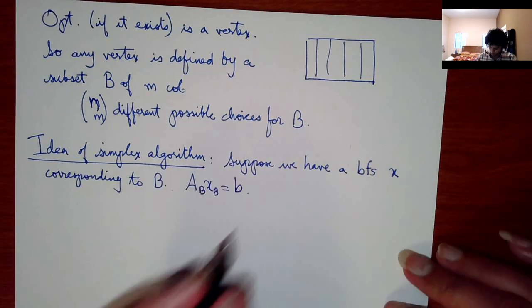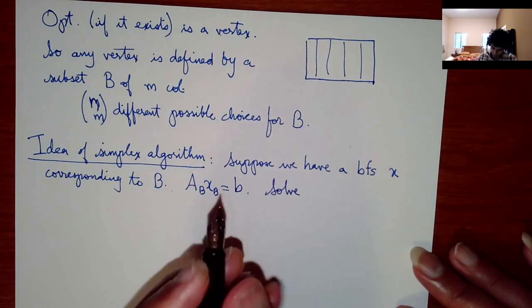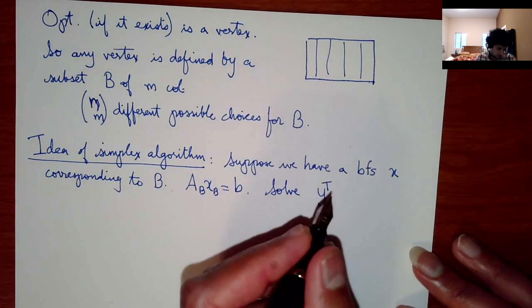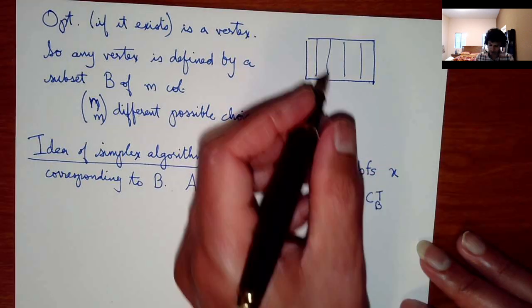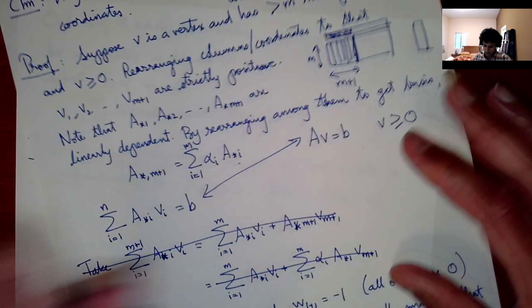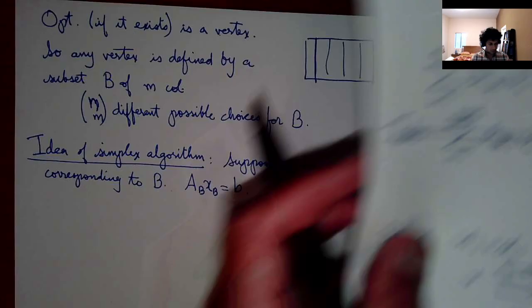What we'll do is we'll solve the dual: y transpose A_B is equal to c_B transpose. Note that A_B is a submatrix of full rank.